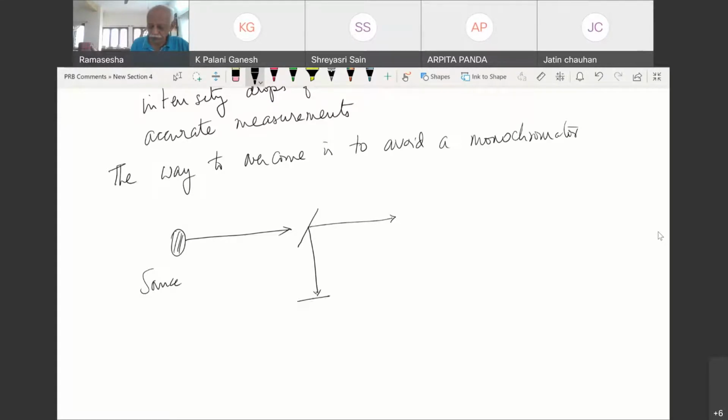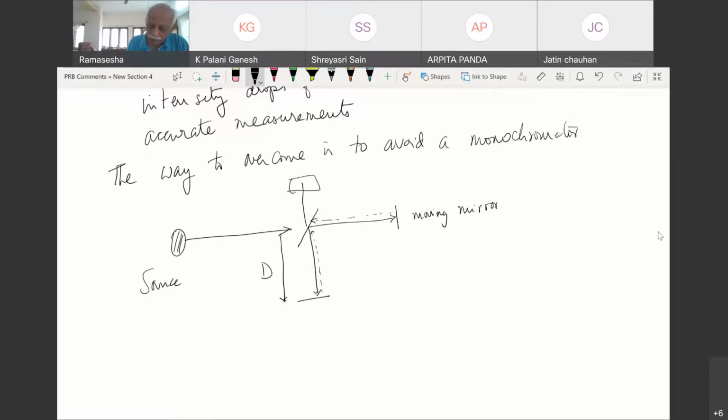This is the other mirror. Then what happens is you have an interference, and the interference pattern actually contains all wavelengths of the beam that you have sent in, not monochromatic.